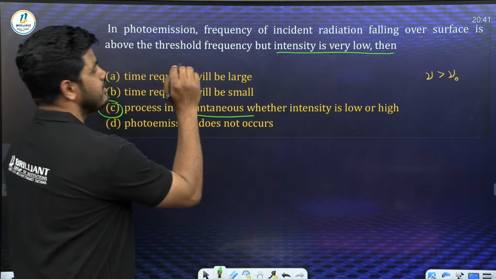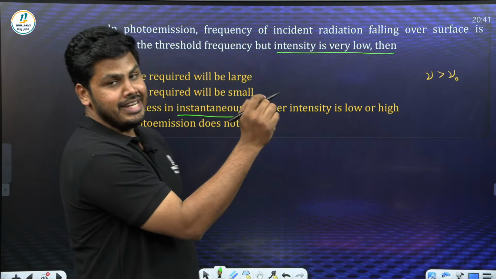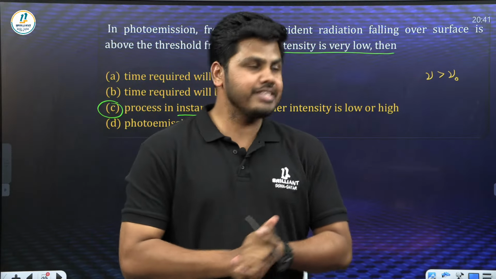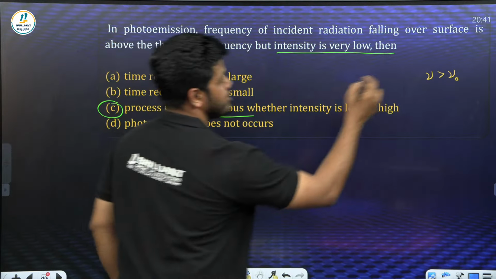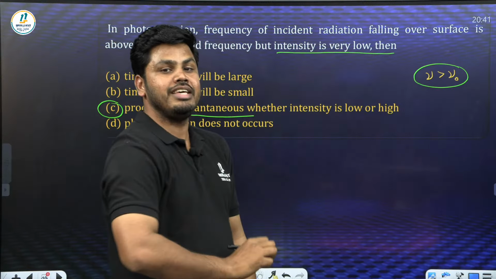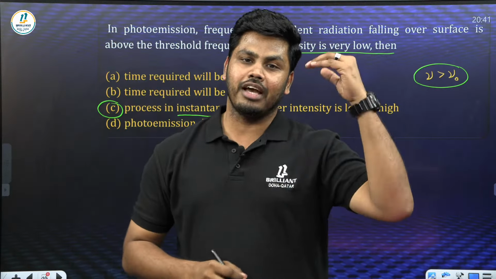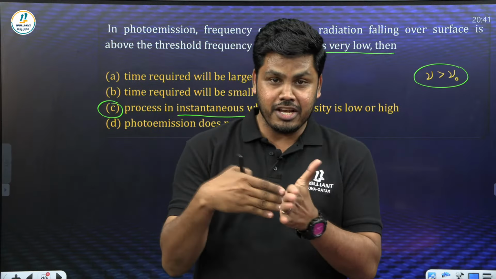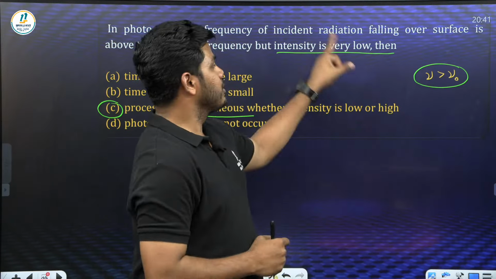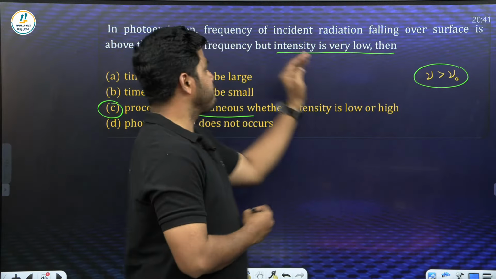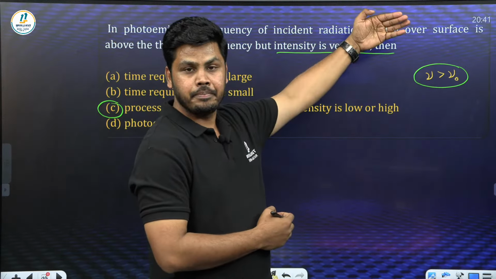And see, actually what happens here: intensity is low. Does that matter? No, exactly. If the incident frequency is more than the threshold frequency, according to the concept the electron should be emitted if there is radiation incident on it. Whether intensity is less or high, it doesn't matter. But what will be the difference if intensity is high?